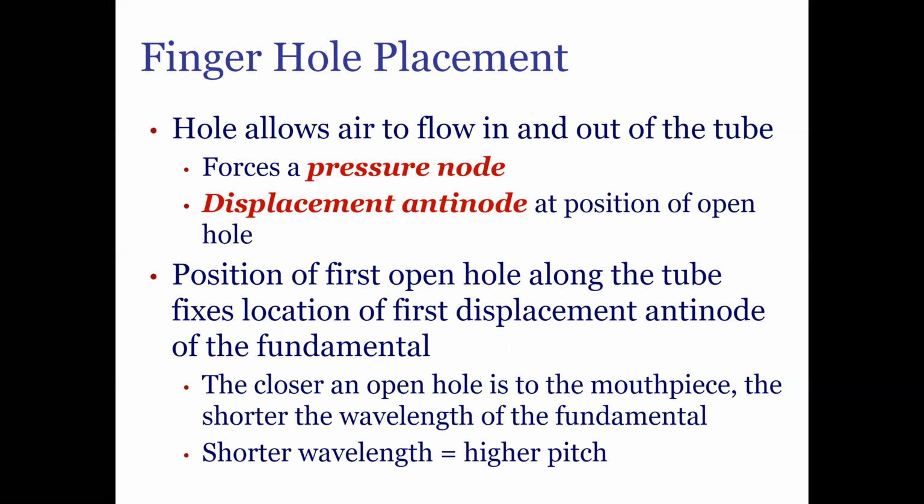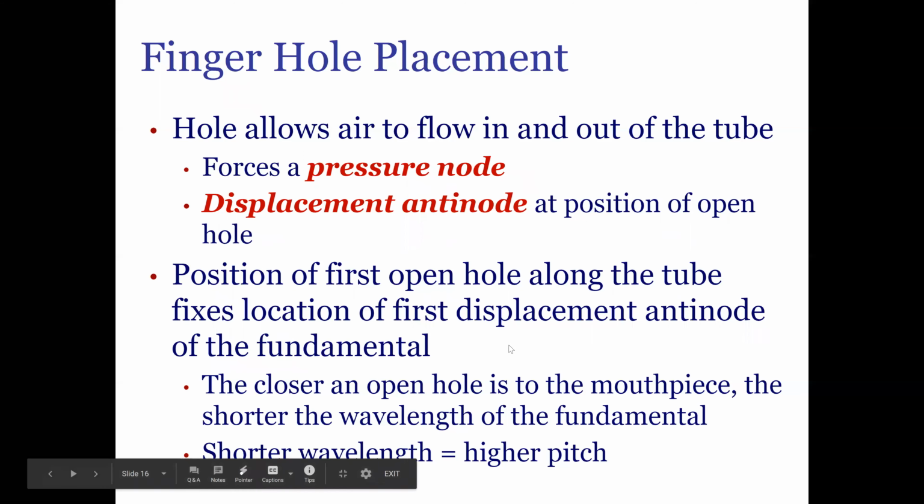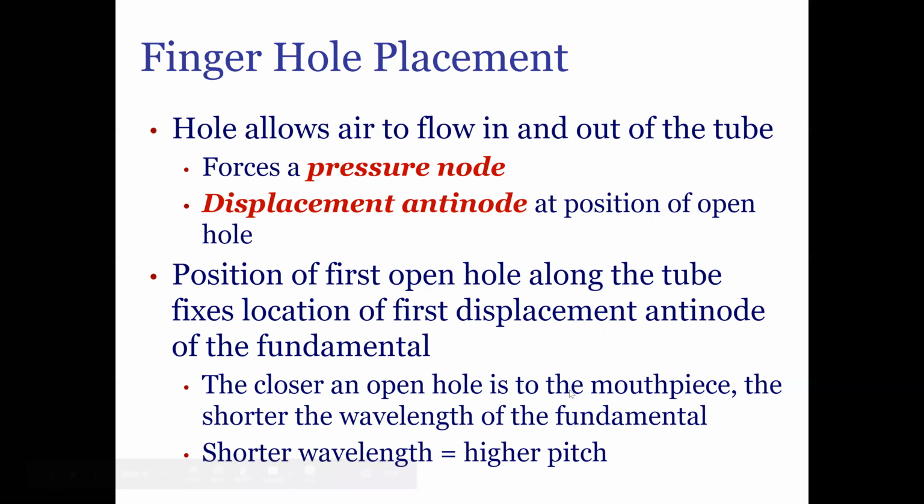Opening finger holes will always shorten the tube, and shortening the tube means higher frequencies. So the position of the first open hole fixes the first displacement antinode of your fundamental. And so it's effectively shortening the tube, gives you a shorter wavelength, and then gives you a higher pitch.